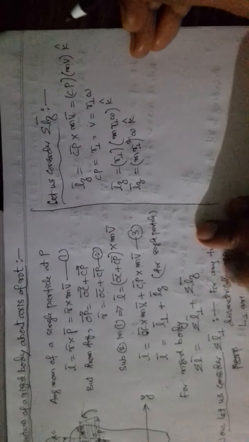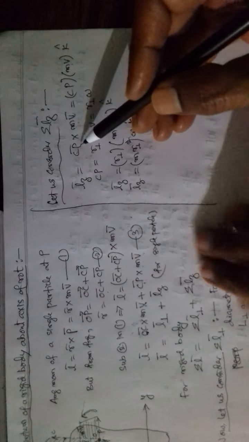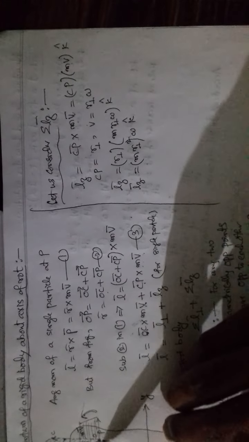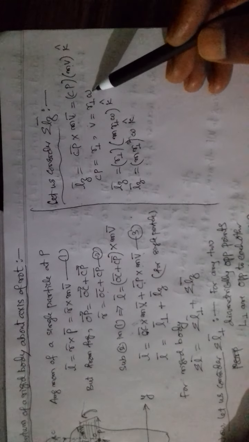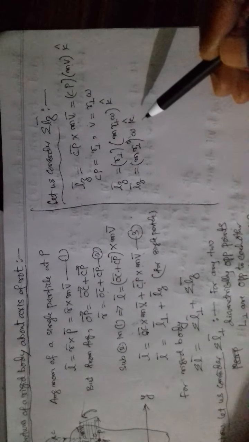Therefore here we write k. But the Cp value is the perpendicular distance r perpendicular and V is equal to r omega. Substituting the values in this, we get this much.